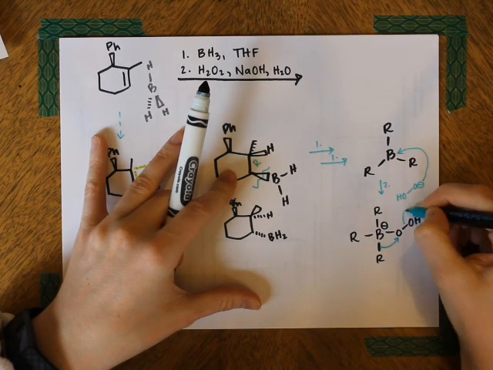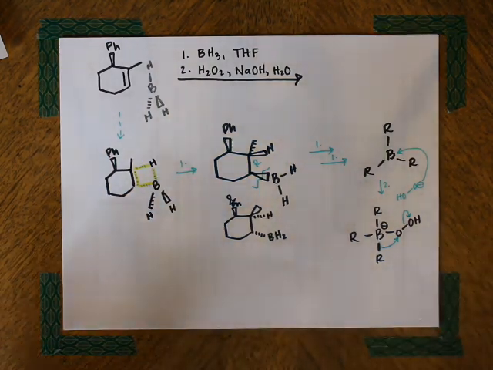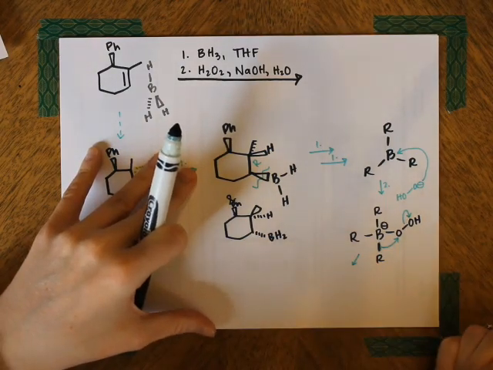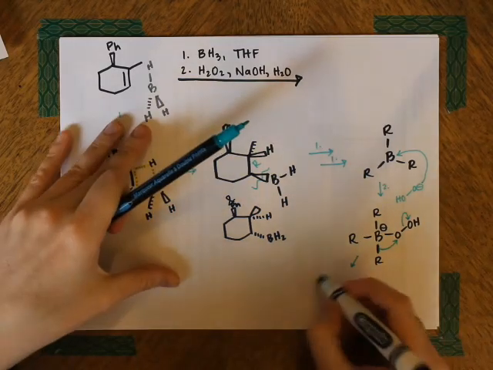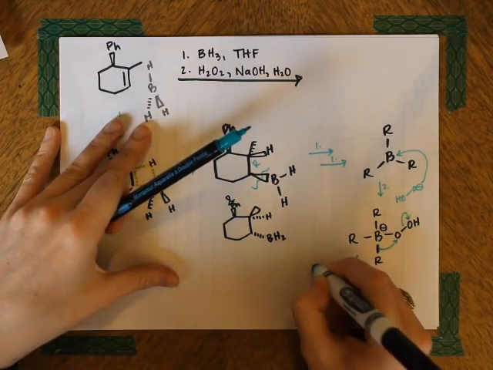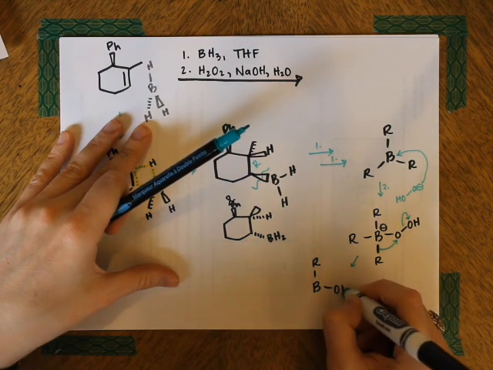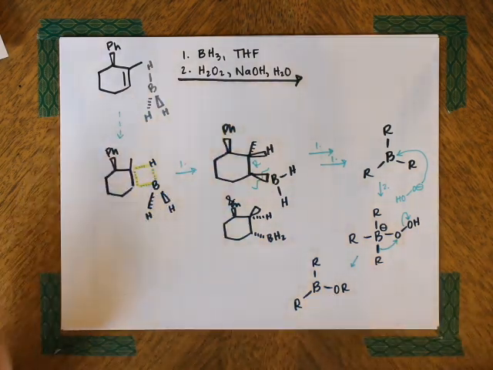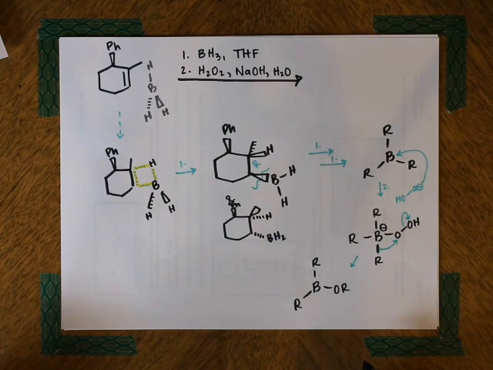Then I pull and I break this OO bond. That's a really weak bond. I just break that off. And so what ends up happening after that step is I end up with something that looks like this. So I'm not quite done.